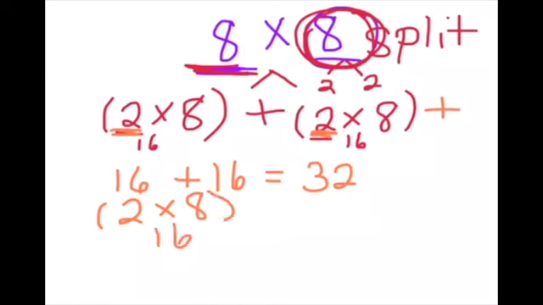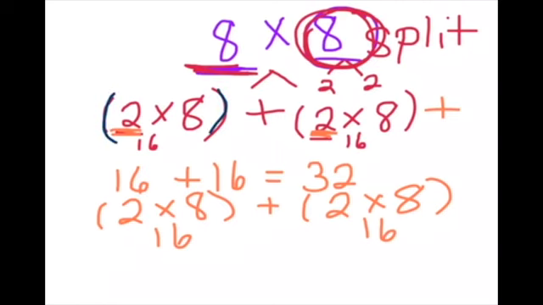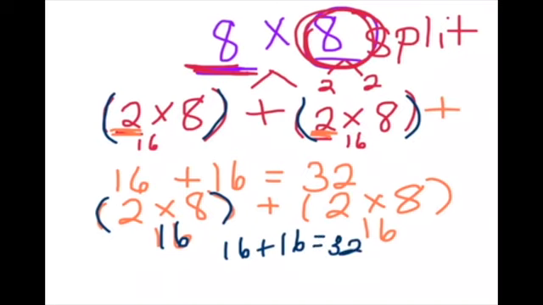We know is 16 plus another 2 times 8, and that's 16. We already solved that 16 plus 16 is 32. That's what we got for these problems that we already did, 32. And this 16 plus 16 is also going to be 32.